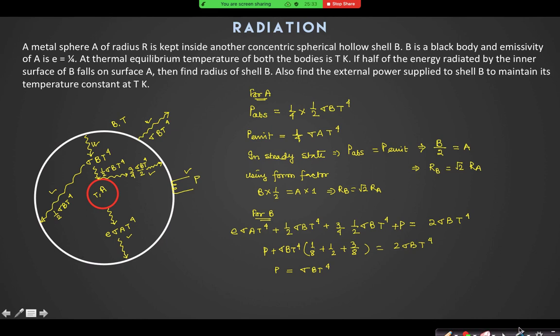All right. That means without writing all those terms, we could have directly said that it will be sigma b T to the power 4. Yes, directly.